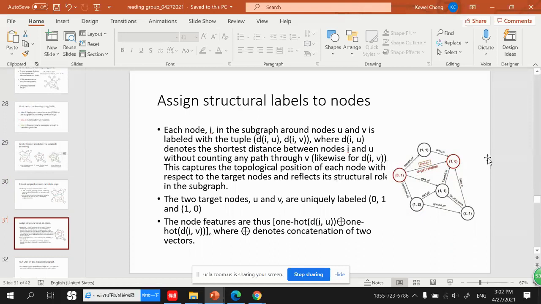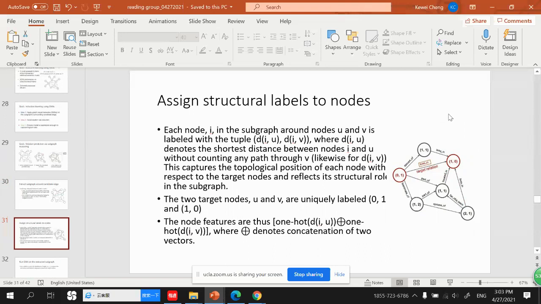Still similar to the first paper, for each node I in the subgraph around nodes U and V, we will label it with the tuple (DIU, DIV).